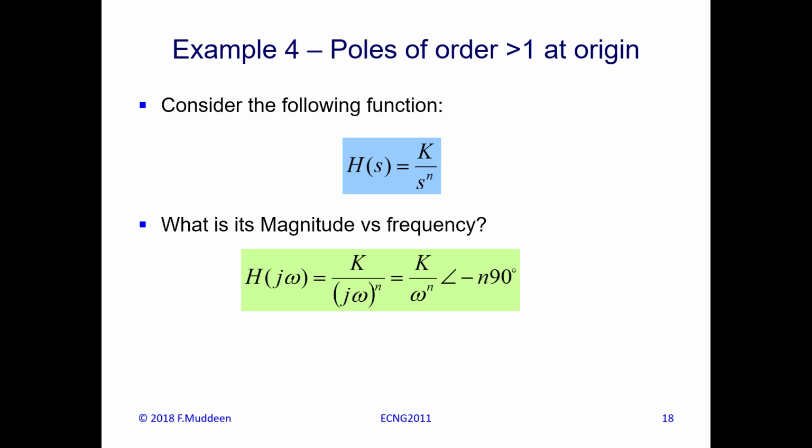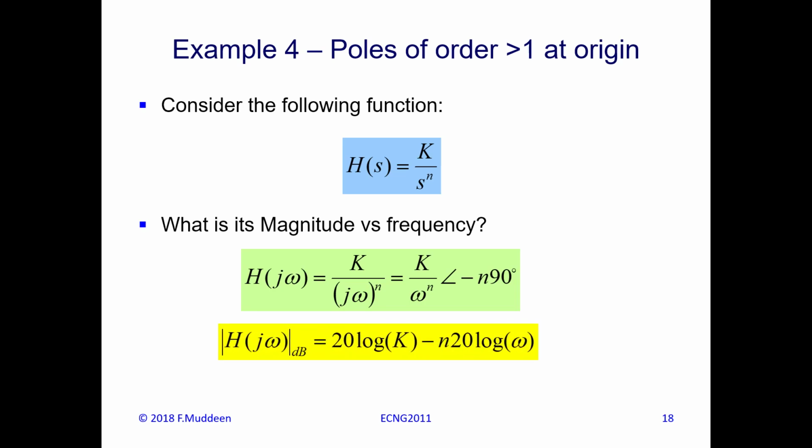Similarly, because we now have this n component here for our magnitude equation, this means that this n component is now in front of the 20 log omega, as we just now saw when n was equal to 1 in example 2. So as of such, this means that our gradient now is represented in 20 n decibels per decade, and because the S component is on the denominator, this means it is now going to be minus 20 n decibels per decade.